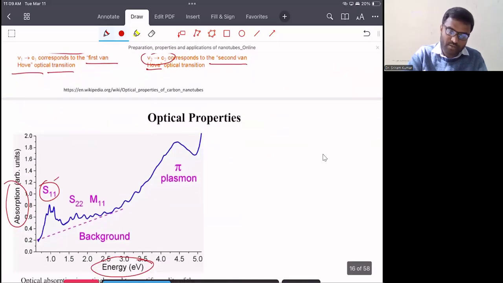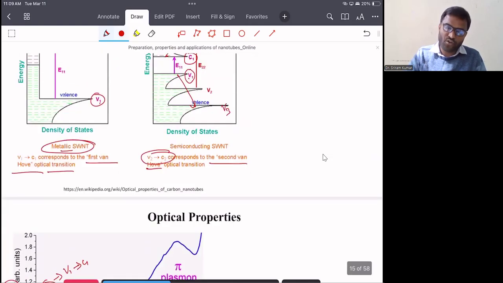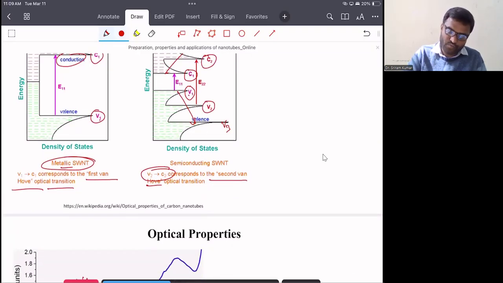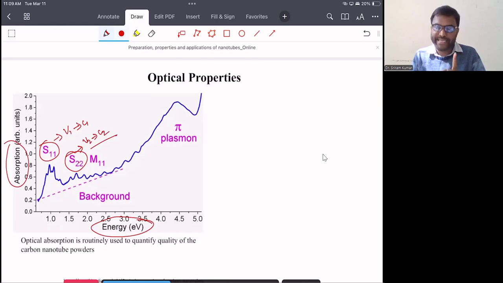So this one is because of V1 to C1, and S denotes that it is a semiconducting CNT. Here S22 means that this is the semiconducting CNT, and the transition is from V2 to C2, valence band 2 to conduction band 2.